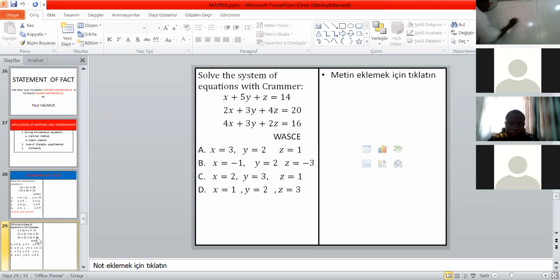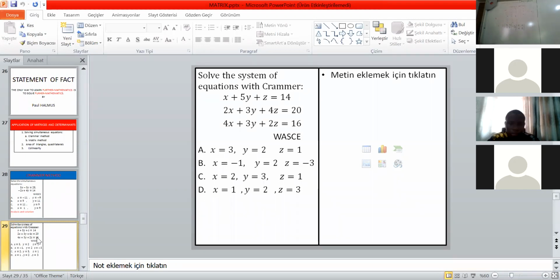I have this element left. So we call it minor. So if I copy this minus 5 here, I have minus 5. Now I cover this row against this column. Then I copy out the minor. The minor is 2, 4, 4, 2.